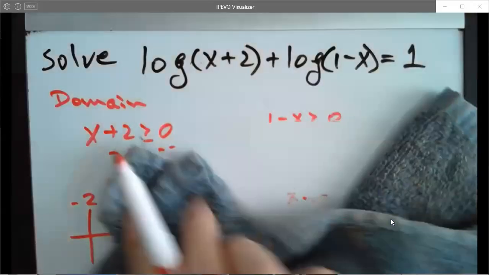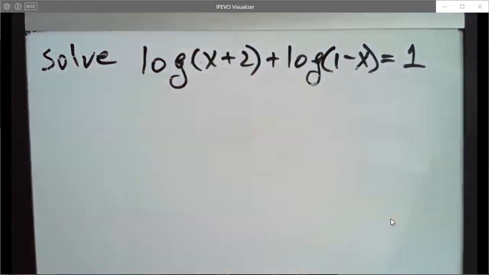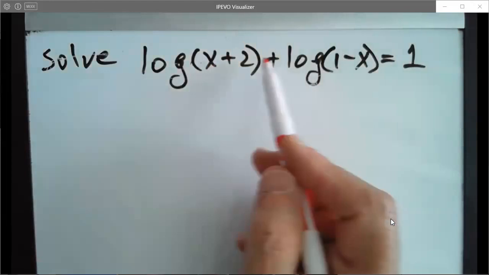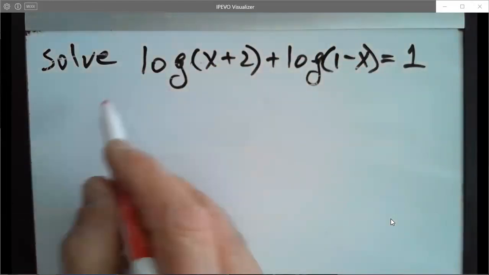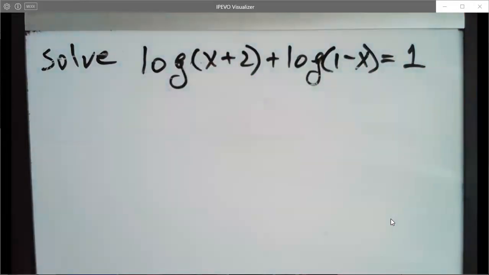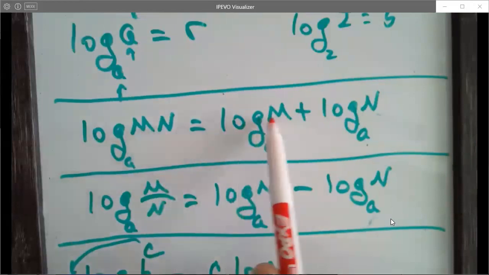All right, so let's erase that. In our solution, as long as we don't get a negative inside, we're okay. So what we have to do now is condense this. So log mn equals log m plus log n.